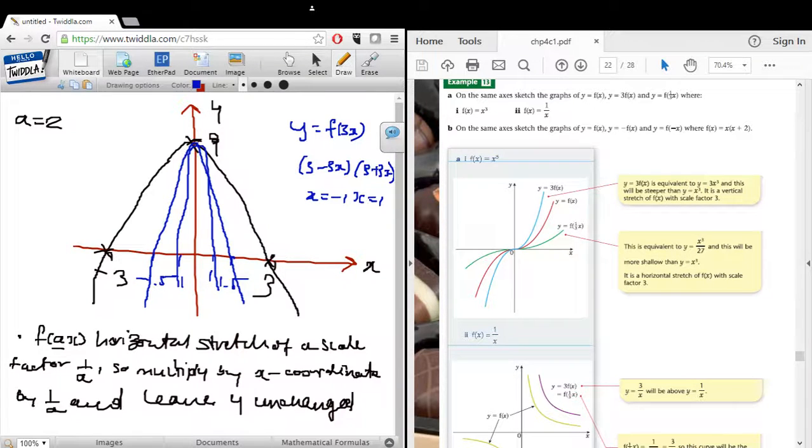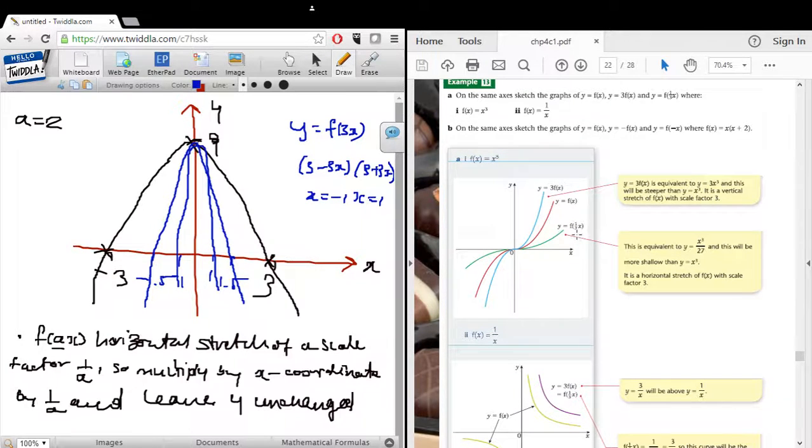Remember what we said, that when it's phrased as a coefficient, then the x stays the same, however the y is changed. So this will be steeper, so it's a vertical stretch. Okay, and you can see that it all crosses the same on the x-axis, but it gets steeper as the number increases.